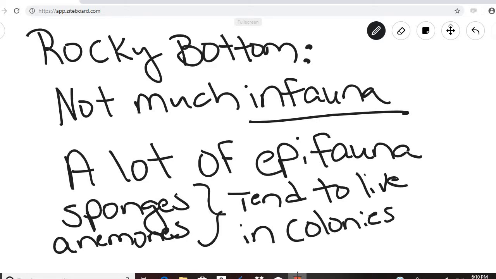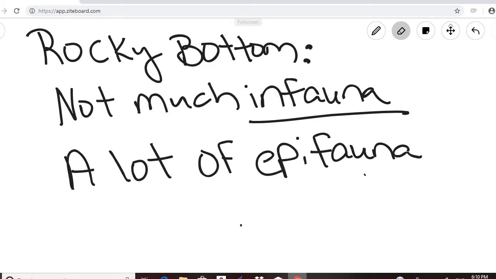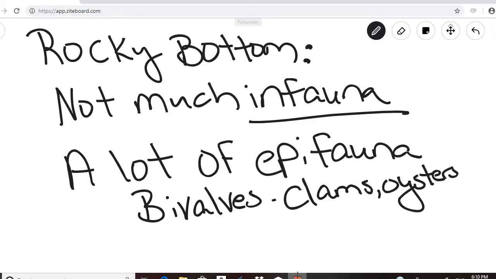So they tend to congregate together in colonies. However, there are some individual species that don't live in colonies. In this area, there are also some bivalves. So you'll get things like clams and oysters living here. And there'll be some gastropods like snails.